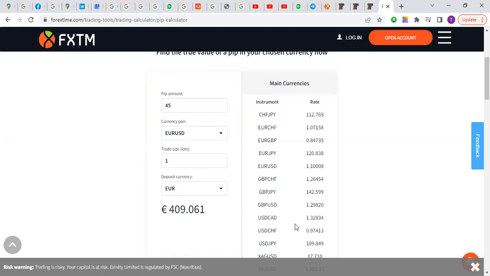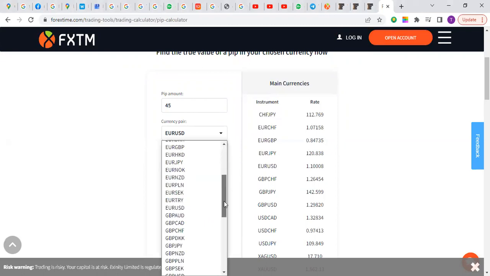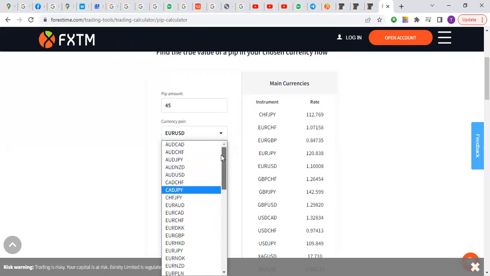The currency pair I want to trade on, let me check. The currency pair is Euro USD. So Euro USD, you select your Euro USD here. So we have different currency pairs here.